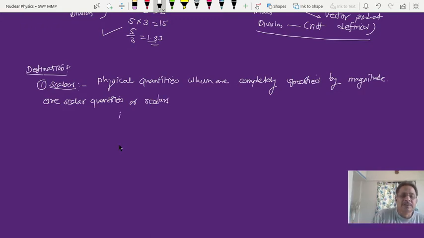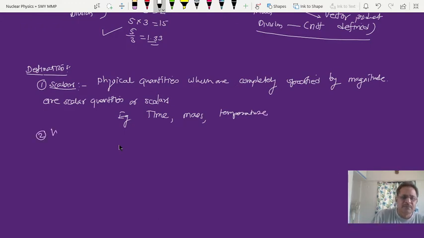Examples, as we have discussed earlier, are time, mass, and temperature, etc. So these are the examples of scalar physical quantities or scalars.